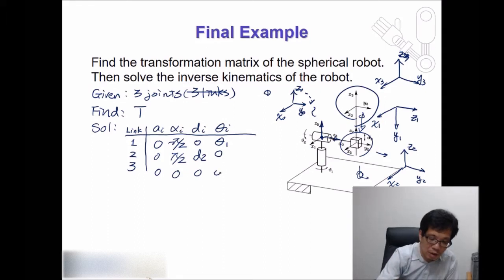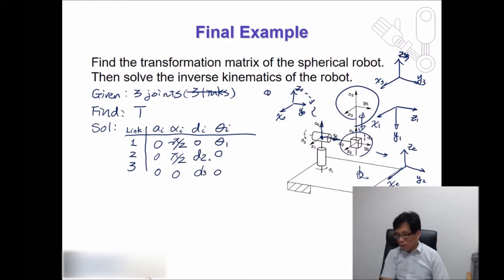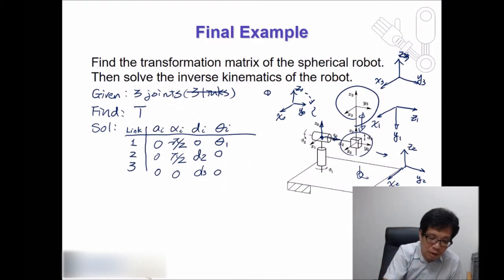Then it's going to give us D3. So this finishes my table. Then let's start to build the conversion.